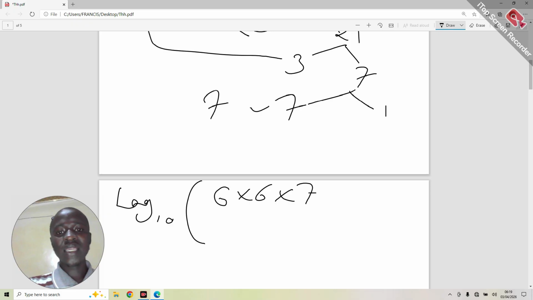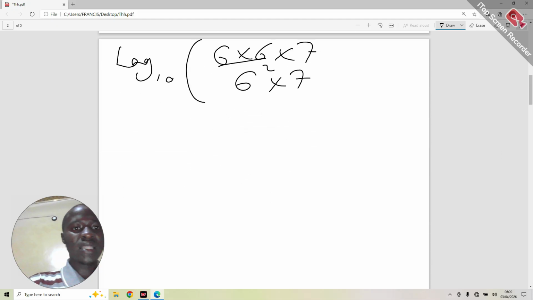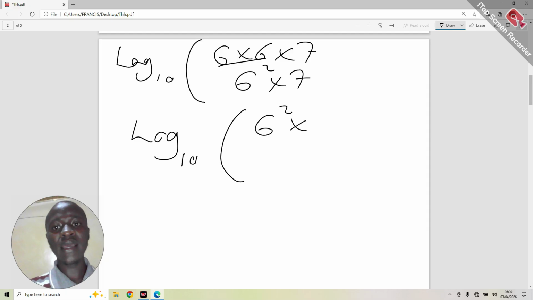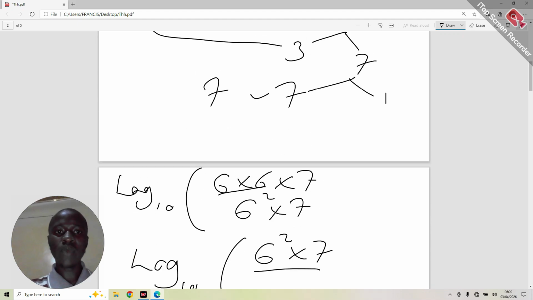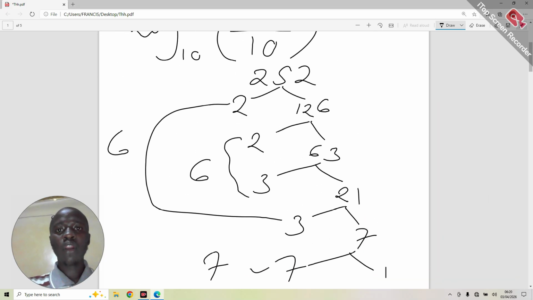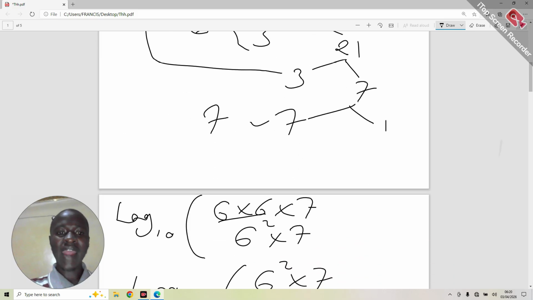So this 6 times 6, instead of rewriting it, we can just write it as 6 squared times 7. Okay? So let me write it now perfect in a good way. Now that 252 will be written as 6 squared times 7, where it is containing the domain of the given logs. All over what? All over 10.